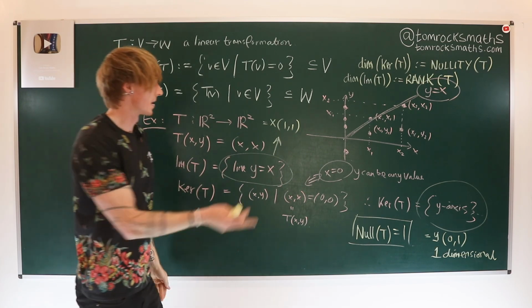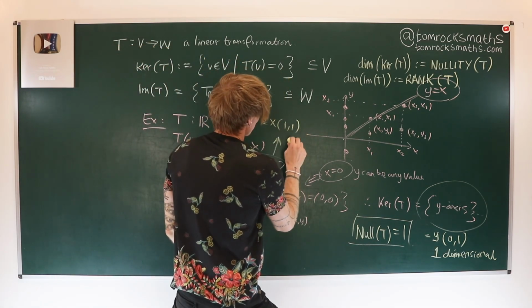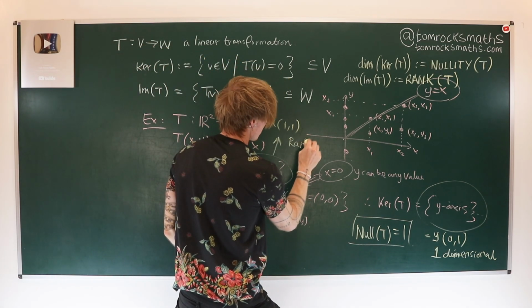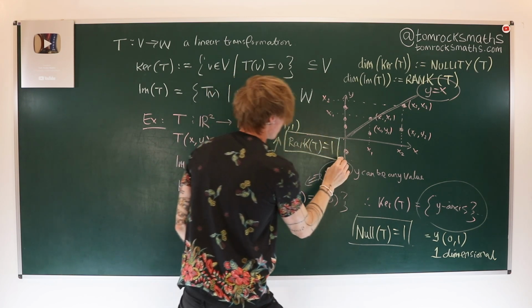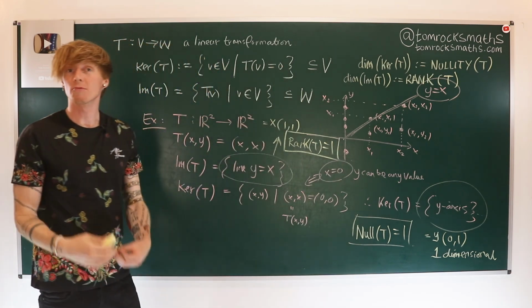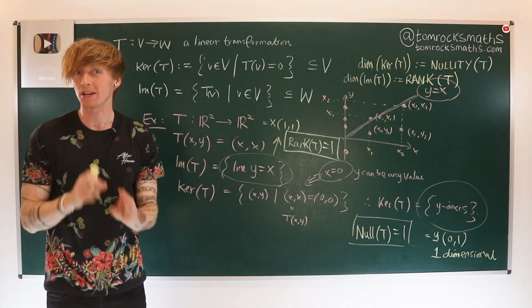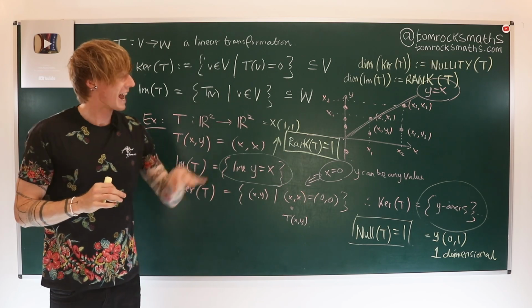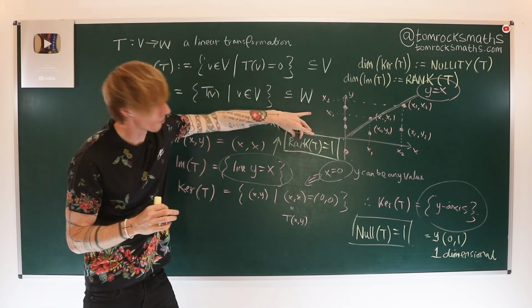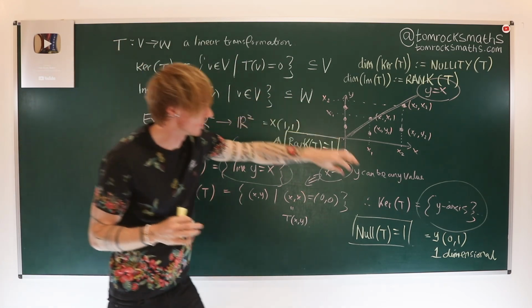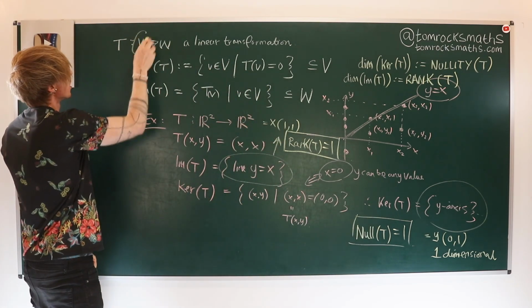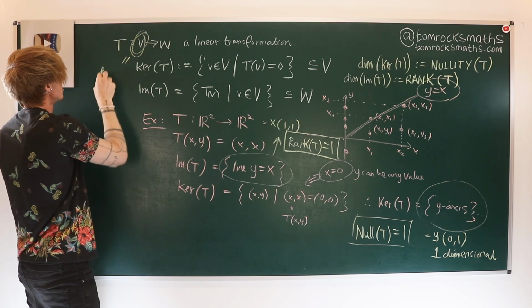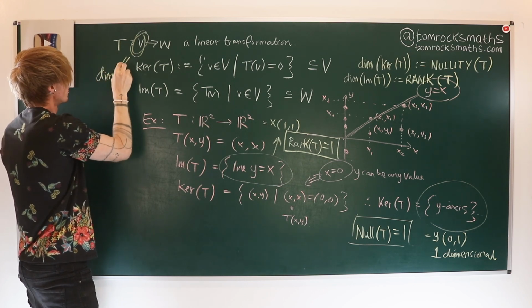There's one of them. So we can say here, therefore, the rank of our map is also 1. Now the rank-nullity theorem, which I'm going to reveal in just a moment, is going to relate the rank of a map, the nullity of a map, and the dimension of our starting space, dim of V.